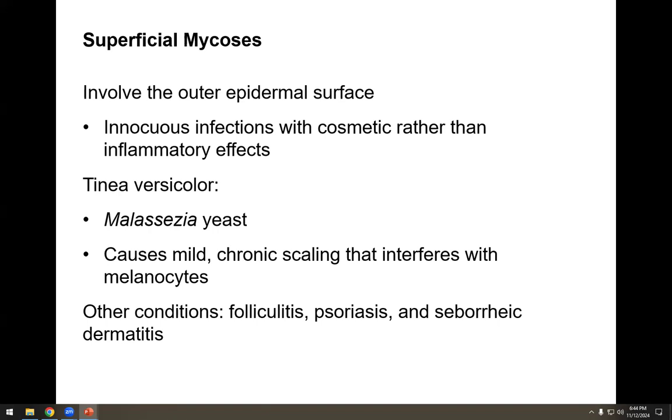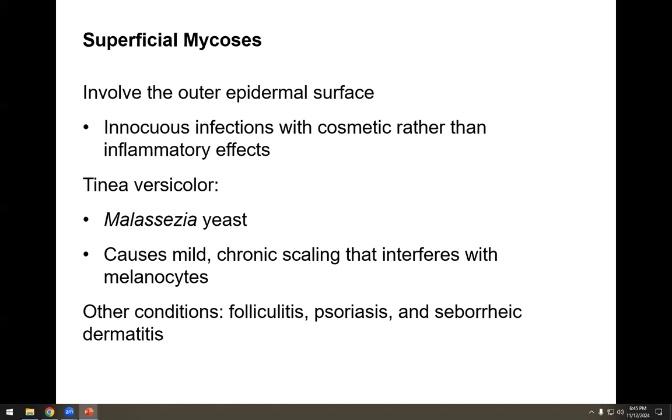All right. So we've got superficial mycoses as well. Those previous ones were cutaneous mycoses that have actual inflammation and damage to the tissue associated with them. But the superficial ones, we're not having damaging inflammation here. These guys do have visible signs associated with them, but they aren't as damaging to the tissue.